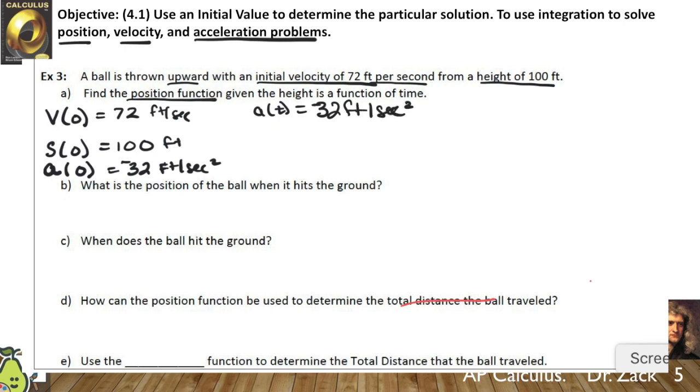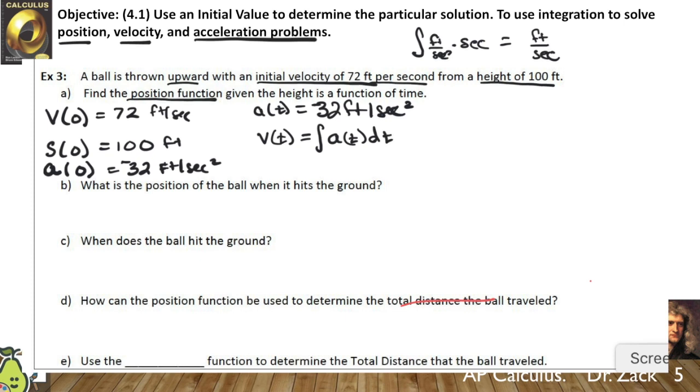All right, now, if we integrate our acceleration, the integral of something measuring feet per second squared gets multiplied by dt, which is seconds, your answer has to be in terms of feet per second, which you know is velocity. So your velocity at any time t is the integral of your acceleration function.